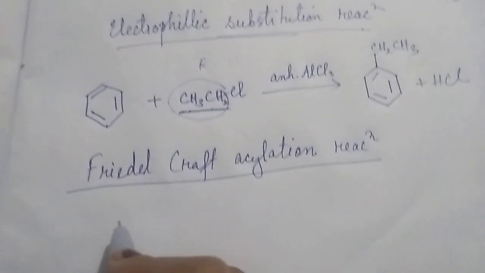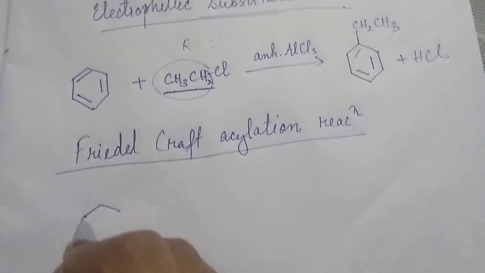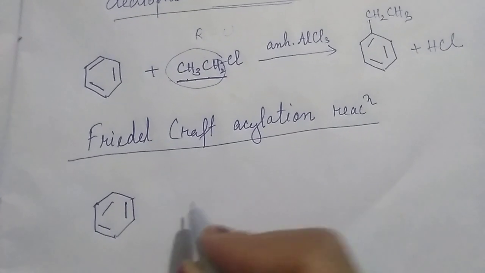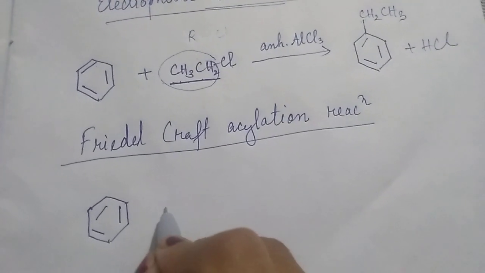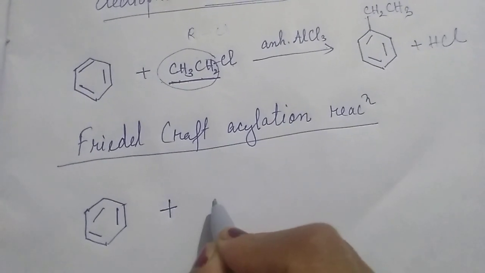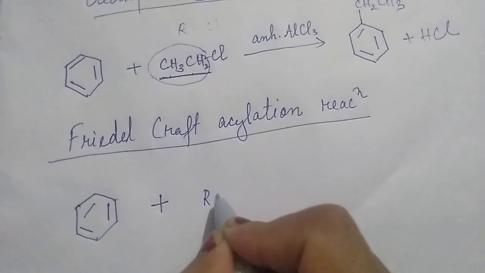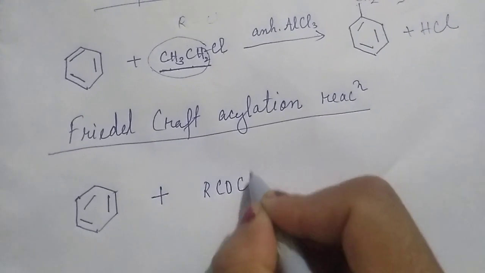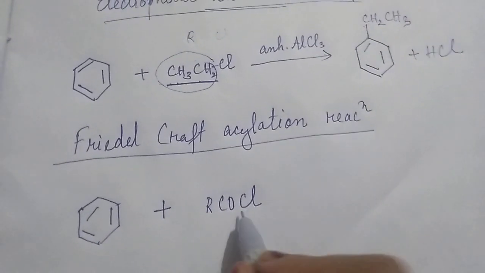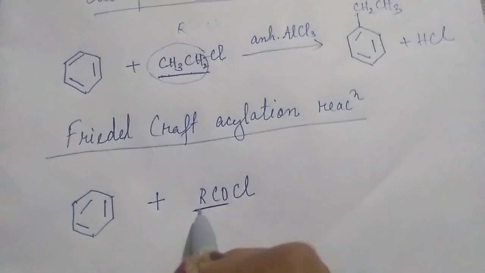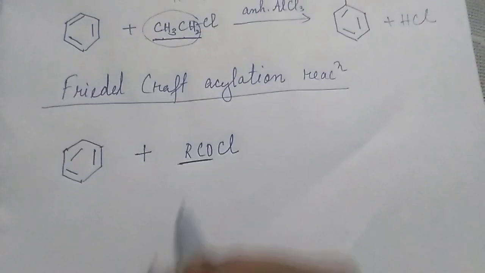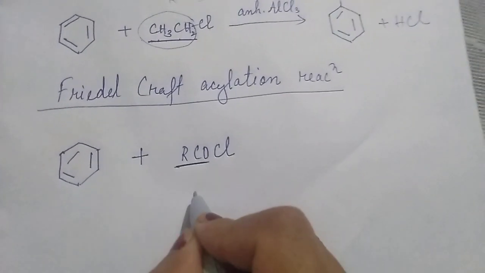In the same way, we will always take benzene or benzene compounds like phenol or chlorobenzene. So I'll start with benzene here, plus acyl chloride. Acyl is RCO. You have to know the acyl group, RCO, and you have to know the structure.